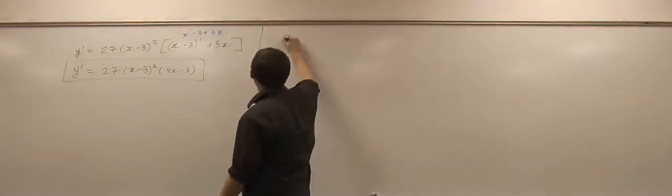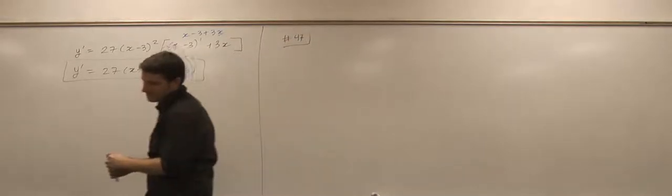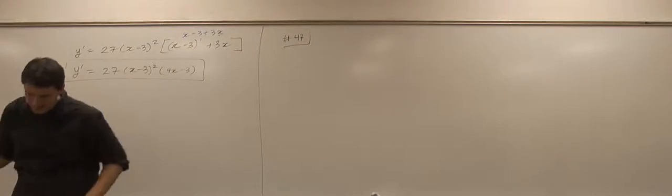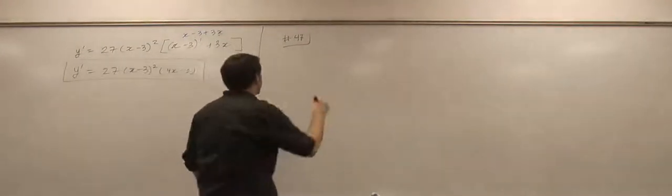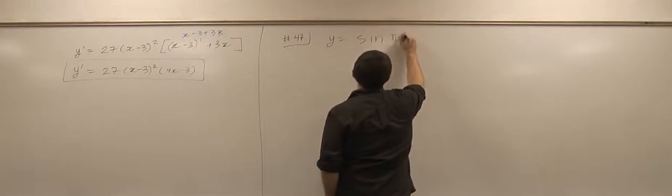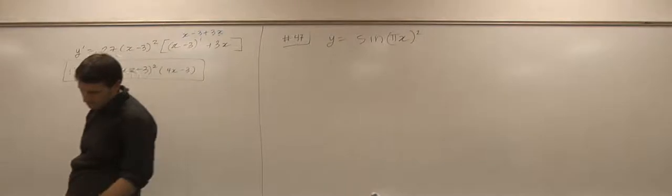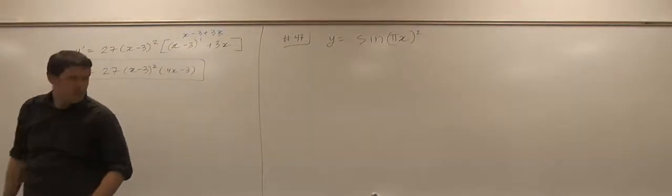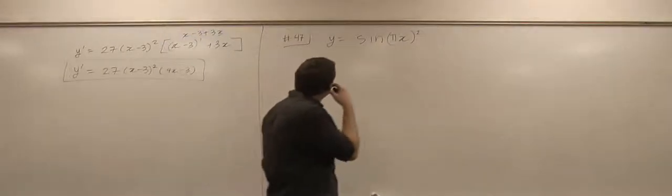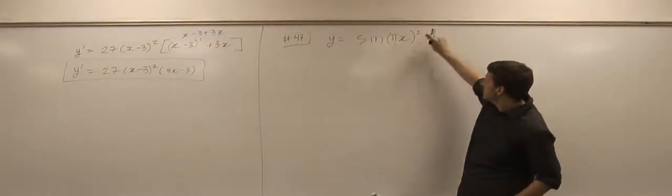So number 47. Let's see, so it's sine of pi x squared, sine of pi x, and we want to find the derivative. So first question, where does this squared go?